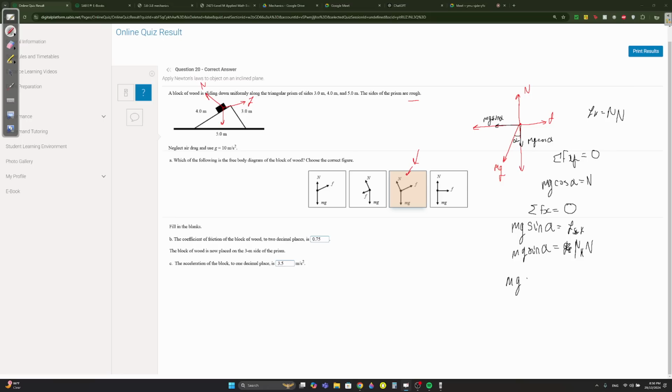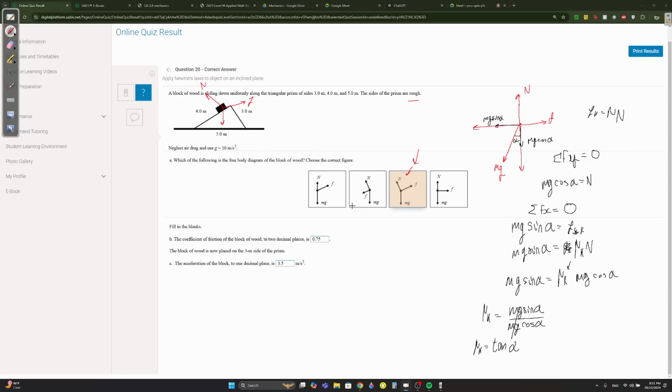So mg sine alpha is equal to mu k mg cosine alpha. Can we find mu k? Of course we can. It's going to be equal to mg sine alpha over mg cosine alpha. mg with mg, sine over cosine, so mu k is equal to tan alpha.